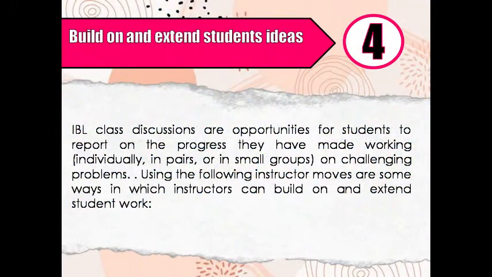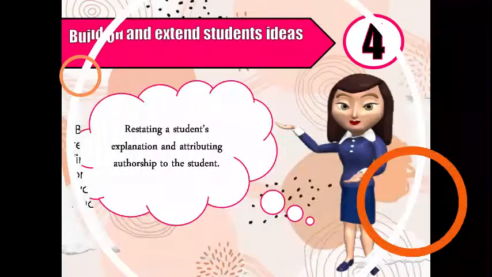For the last goal, class discussions are opportunities for the students to report on the progress they have made working individually, in pairs, or in small groups on challenging problems. Using the following instructor moves are some ways in which instructors can build on and extend student work.